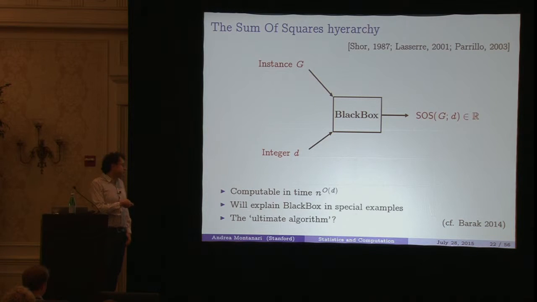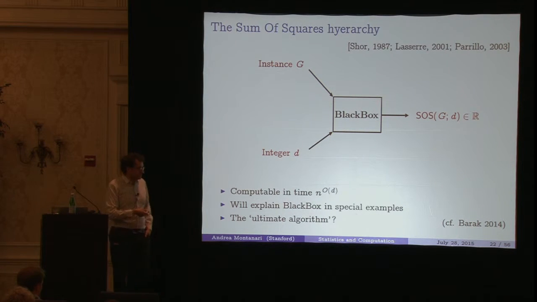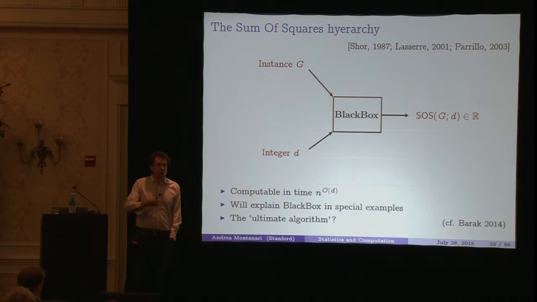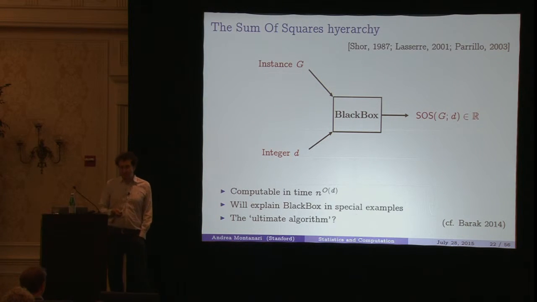I will not describe this in general, I'll describe it in special cases, but the important thing is that you can compute it in polynomial time for any bounded d. And this subsumes so many special algorithms, in particular so many special convex relaxations, that if you prove something about SOS, even theoretical CS people believe that this is a real hardness result.